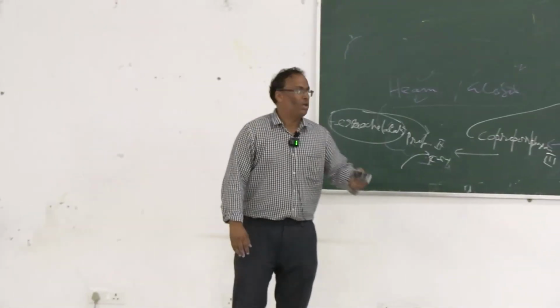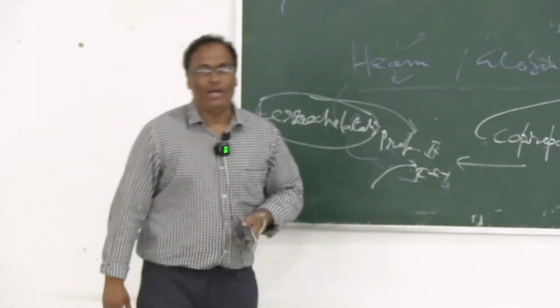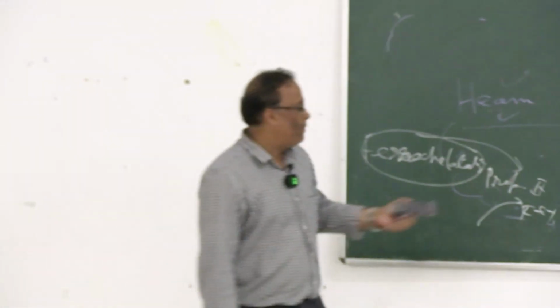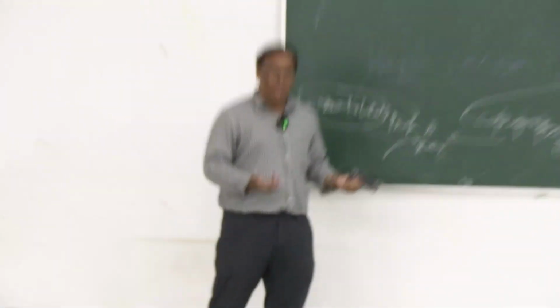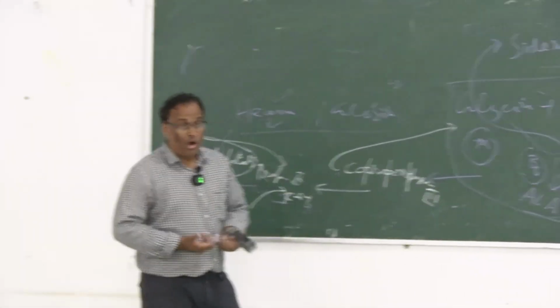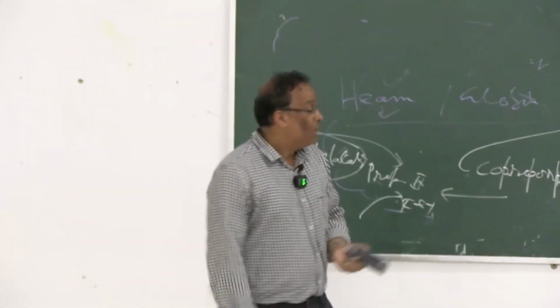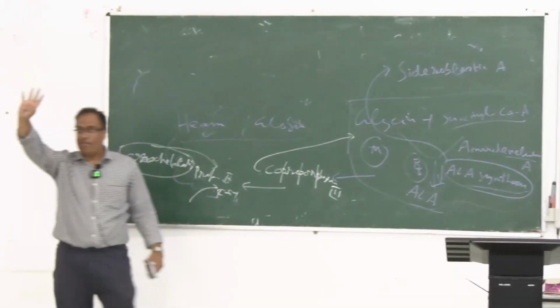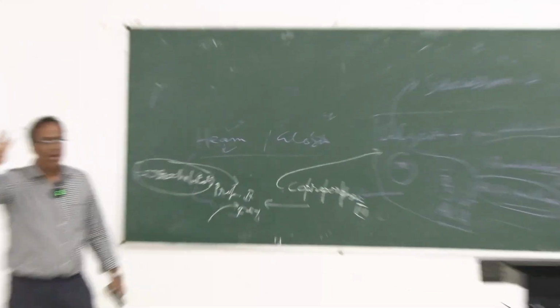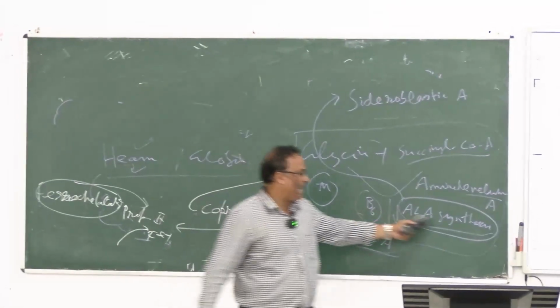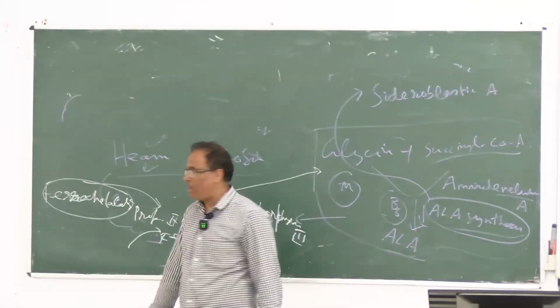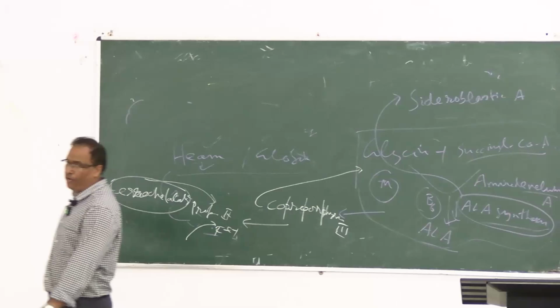Heme needs protoporphyrin 9 and iron +2, not +3. So 4 diseases are there. One is sideroblastic anemia, due to deficiency of ALA synthase. Another is lead poisoning, due to ferrochelatase.